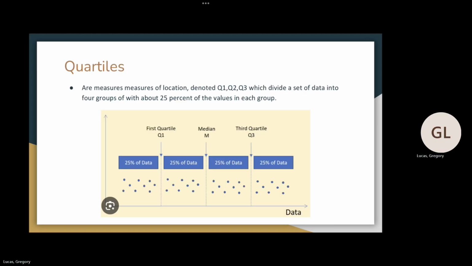All right. Locations we use are called quartiles. Quartiles are measures of location denoted by Q1, Q2, Q3. Each divides a set of data into 4 groups.